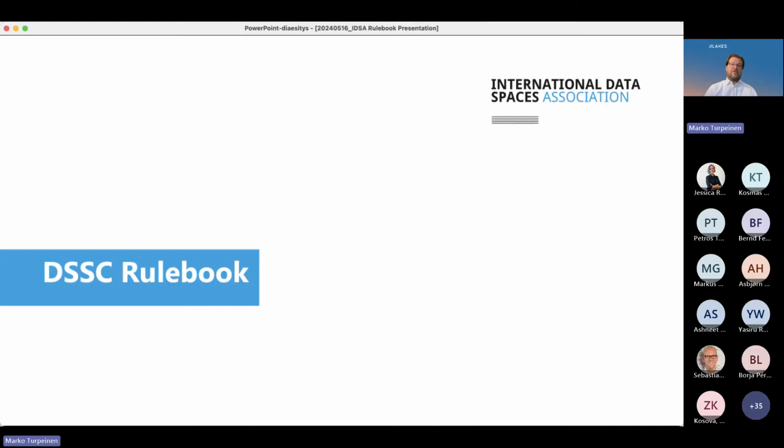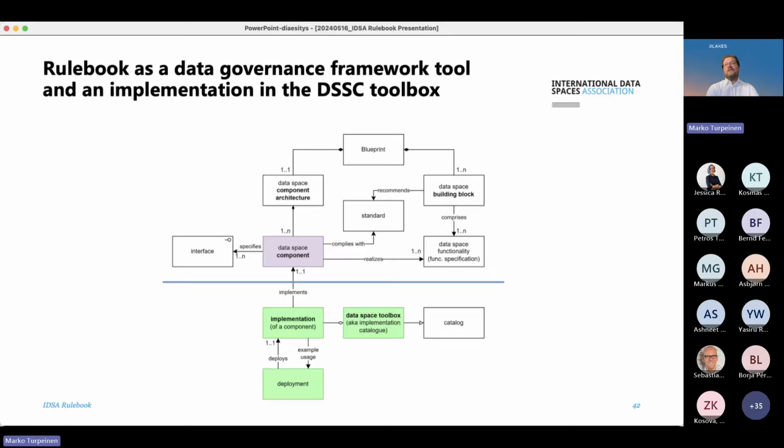Based on the work done in IDSA, in the Rulebook Working Group, and in other activities like the CITRA rulebook, the DSSC wants to show that, in addition to naming the important building blocks, like yes, we need a governance framework, and yes, there need to be contractual principles, the green boxes here, we should also show how to implement them to the community of data space developers and operators. This is what is now going on in DSSC.